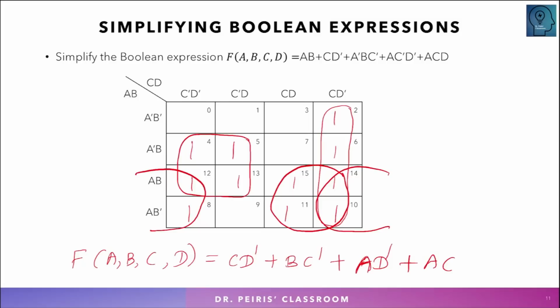This is a very complicated example, so you might need to think before you do grouping how to do that. If not, you can try many different groups and see which one gives you the lowest number of terms as well as literals. Sometimes you might see that all the ones are grouped again and again, and it's not needed. If the ones are already grouped, you don't need to make another group.